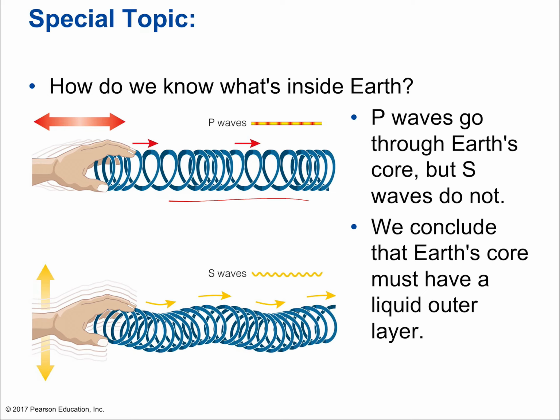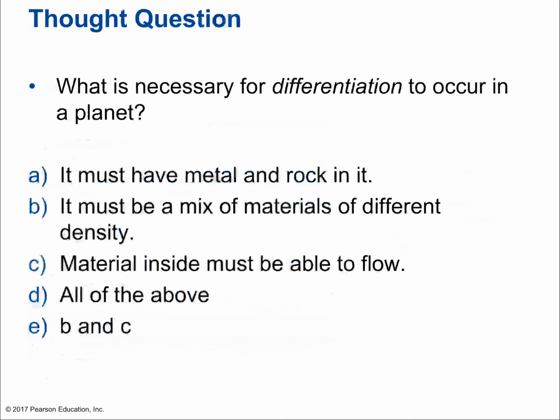But S waves, like the wave on a stringed instrument or the slinky picture here, don't transmit through liquids. You can't put an S wave through a liquid, because the liquid would just disperse. You can't shake the liquid from side to side. That's not the way liquids work. So that means that S waves cannot travel through the liquid, and we can conclude that the Earth's outer core must be a liquid.